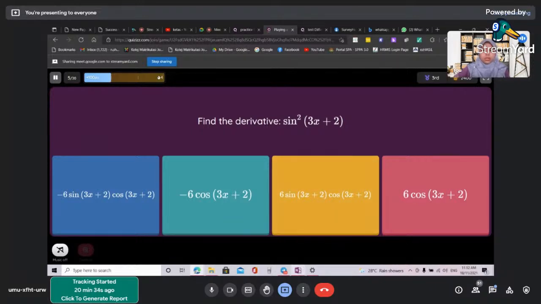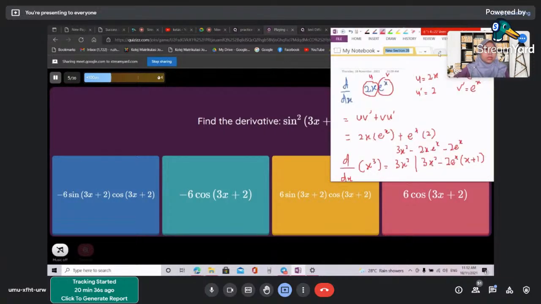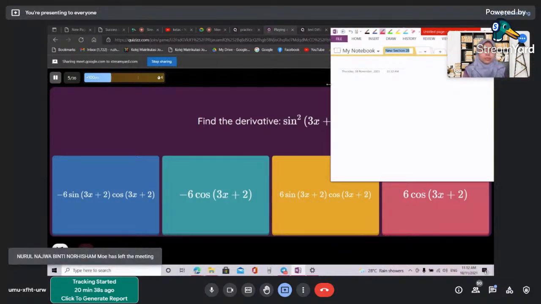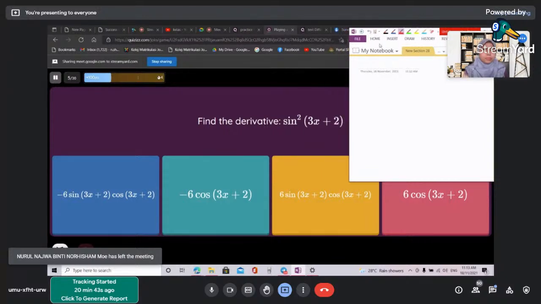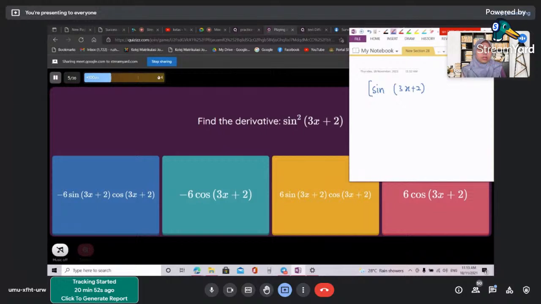So this one you need to do general power rule. You need to make sure you rewrite the function in the power of 2 you can bring outside of the bracket. So then you can proceed with the general power rule.